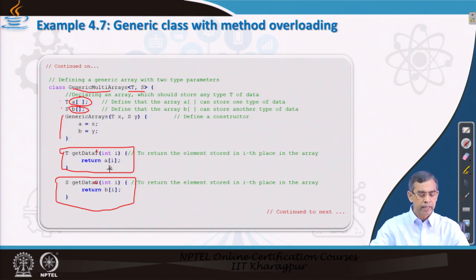So, no issue, we have mentioned int i, int j here, because the ith element in the array can be returned, whatever it is. But here the return type is different, and without this T, get data could work for you also. Overloaded or non overloaded, anything can be done. So, this basically defines a generic class with two overloaded methods, and I want to declare one more method, reverse.